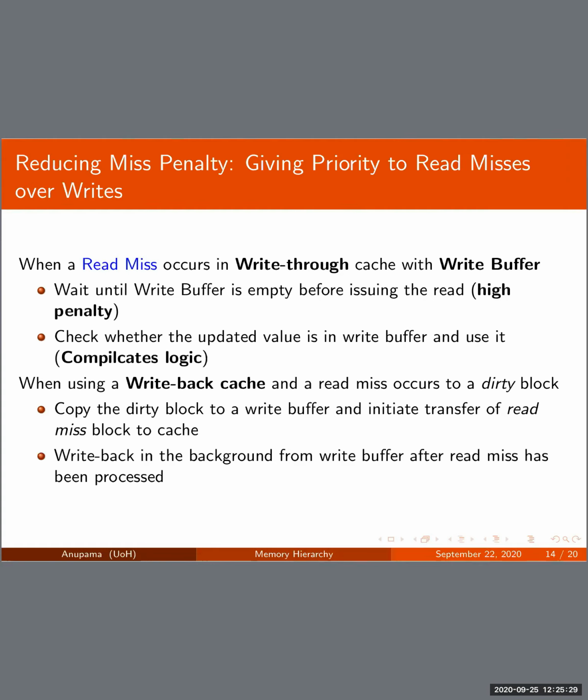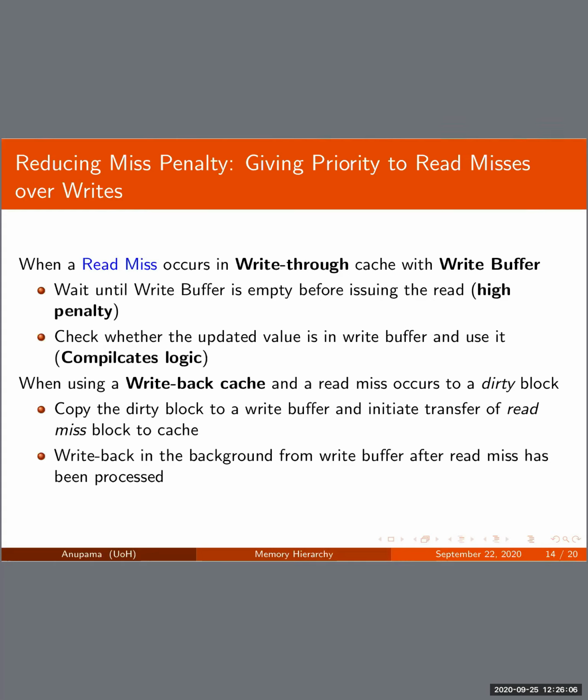Now that's a dirty block, where it is a write-through cache, which is using a write buffer. Let's be very clear about the scenario. I have written to that block, and it's a write-through cache which is using a write buffer.